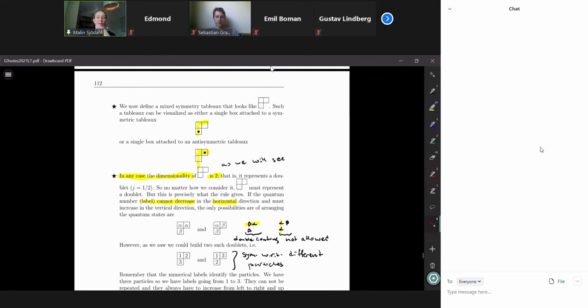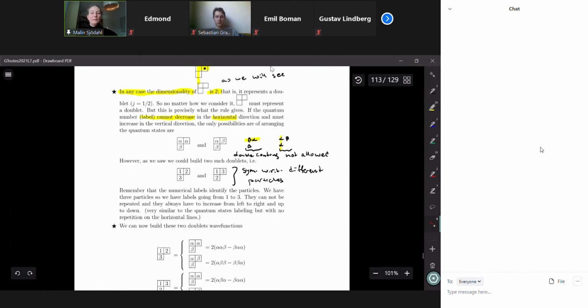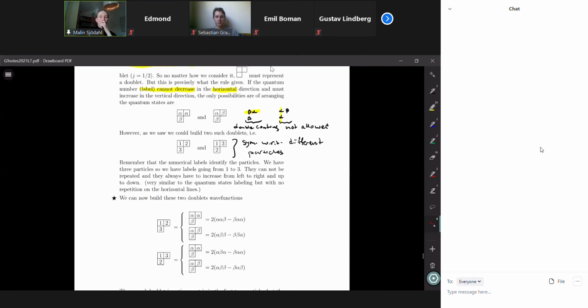So what we can do though is place the particles in different positions here. So we can have 1, 2, 3 or 1, 3, 2. And placing them in these two different ways, we can build up different wave functions. So we can build up the wave function corresponding to this state.